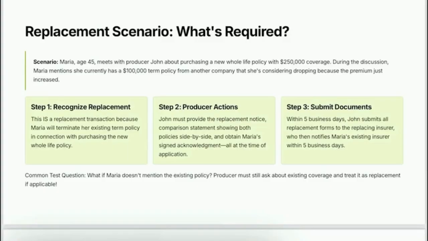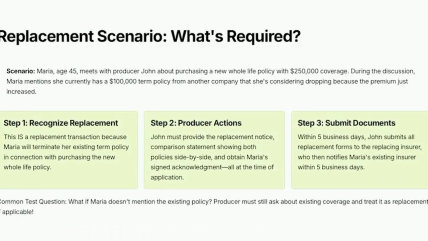They must recognize that this is a replacement. This is a replacement transaction because Maria is talking about terminating her existing coverage, terminating her existing term policy in connection with purchasing the new whole life policy. So, a little trigger, red light, flag, something needs to go off that says this is a replacement.